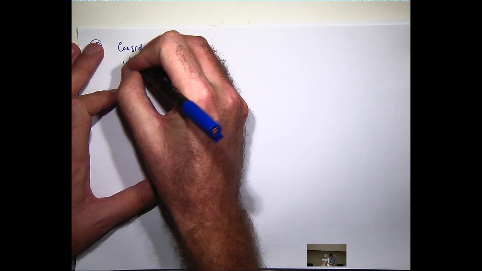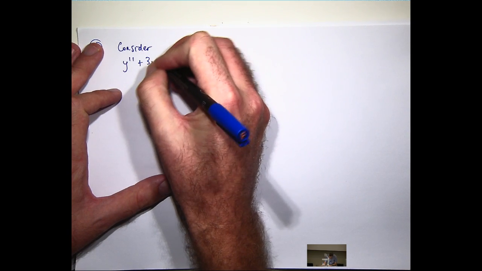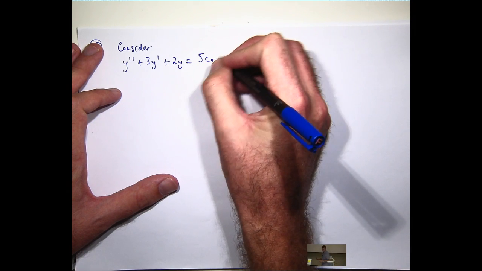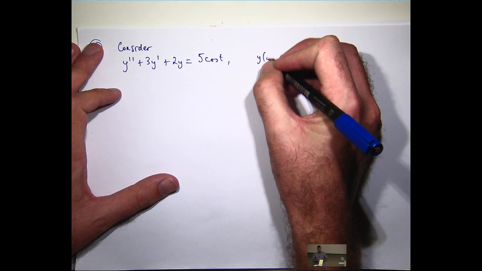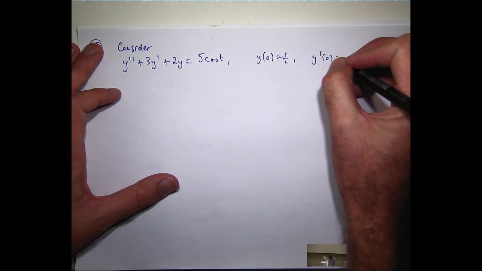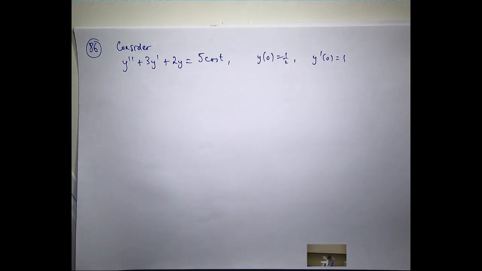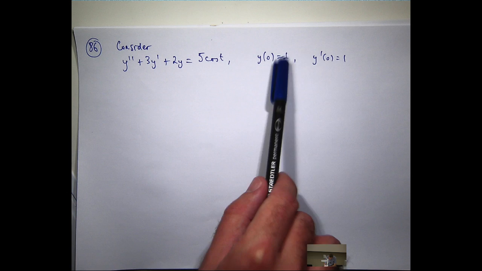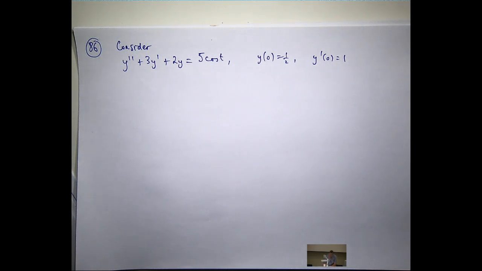So let's consider what we have here. All right, so second order differential equation. It's linear. The coefficients here and here are all constant. And we've got some initial conditions.